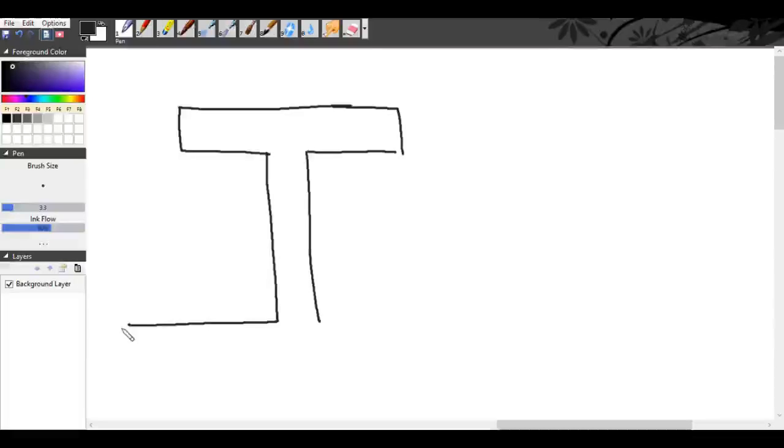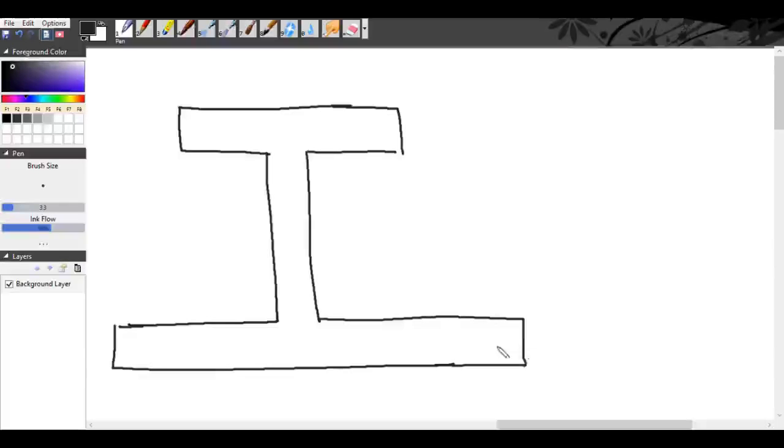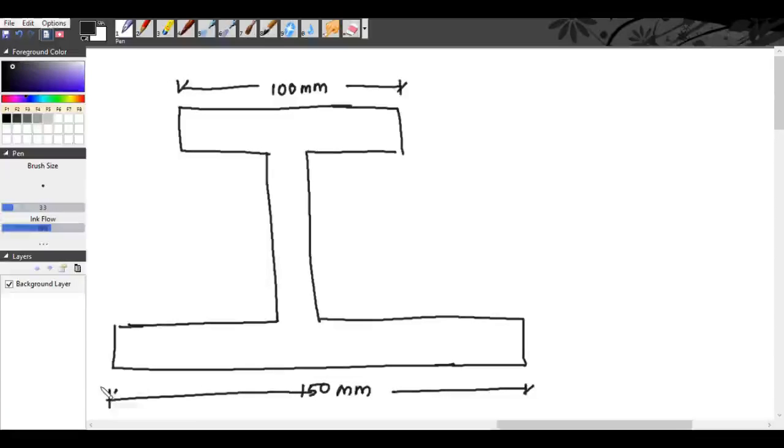Just try to solve this problem, right? This is an I section, but it is not symmetric. The top width is 100 mm. The bottom width is 150 mm. The thickness of the top flange is 20 mm. The thickness of the bottom flange is also 20 mm.